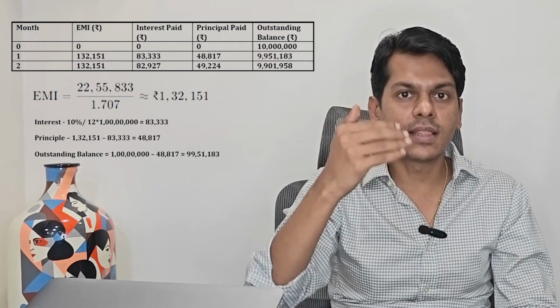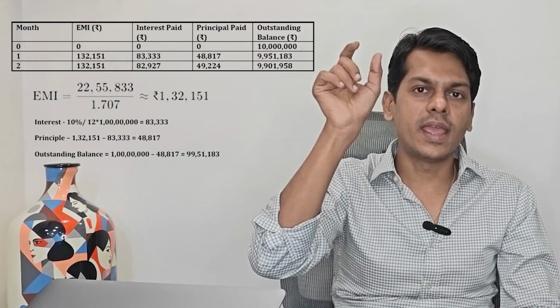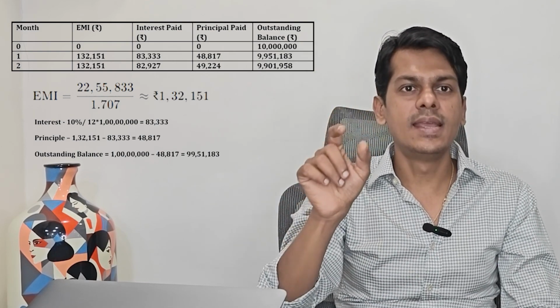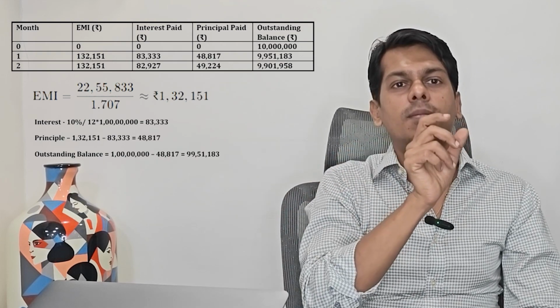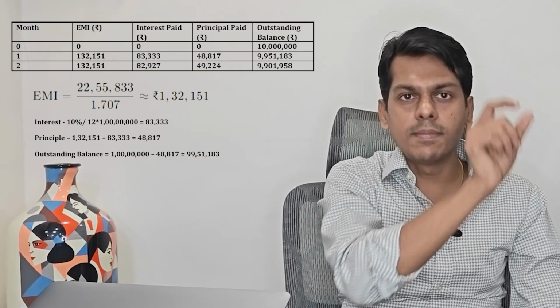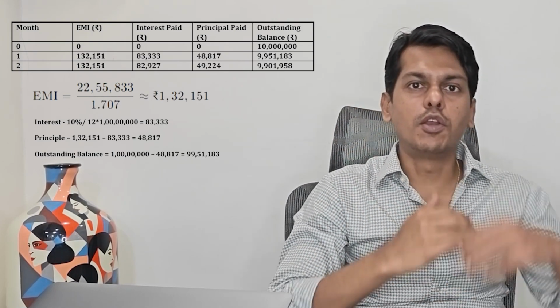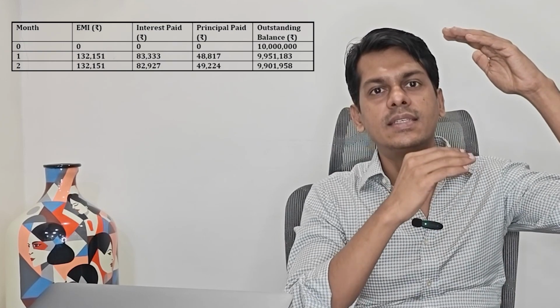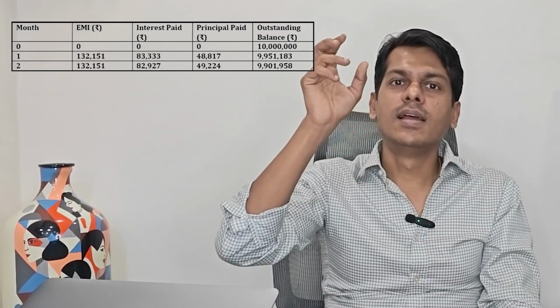If you see it for the next month, you'll realize the interest component which you pay, which is part of that EMI, is always the simple interest for that month, based on the interest rate applicable on your loan and the principal outstanding in the beginning of the month. That essentially means, because your principal outstanding is a big number in the beginning of the loan tenure, obviously the interest becomes the larger part of the EMI which you pay.